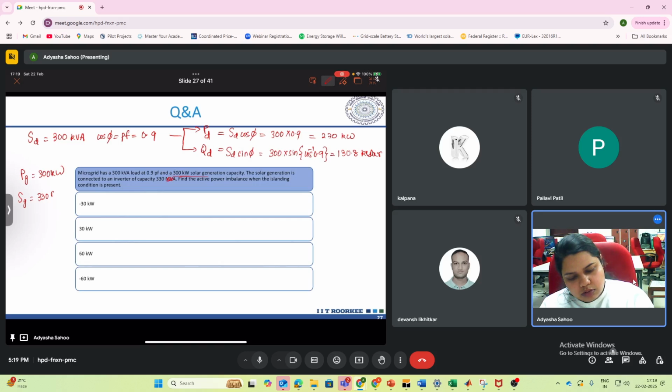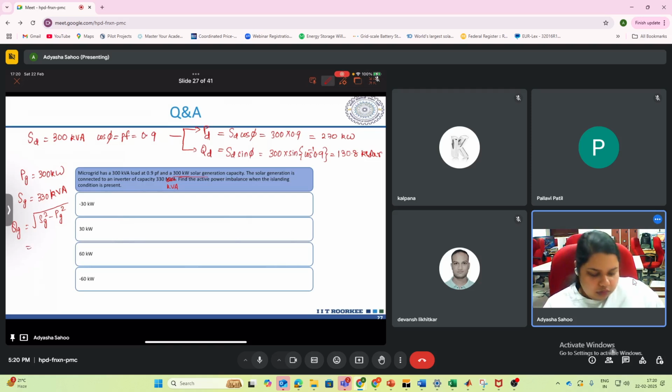This is the kVA. Then what will be QG? That will be the square root of SG square minus PG square.